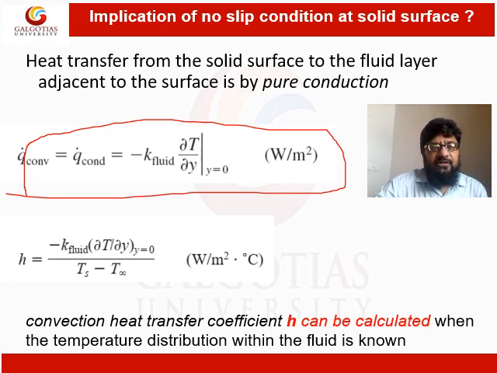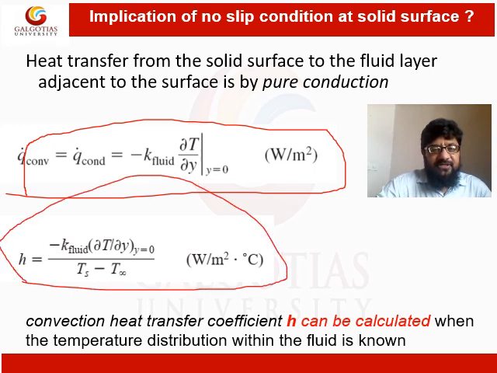That is, q dot convective equals q dot conductive at the surface, which is equal to minus k of the fluid times del T over del y at the solid surface, where q dot is the heat flux. This can be equated with Q equals h A del T, and thus we can calculate the heat transfer coefficient by this formula.